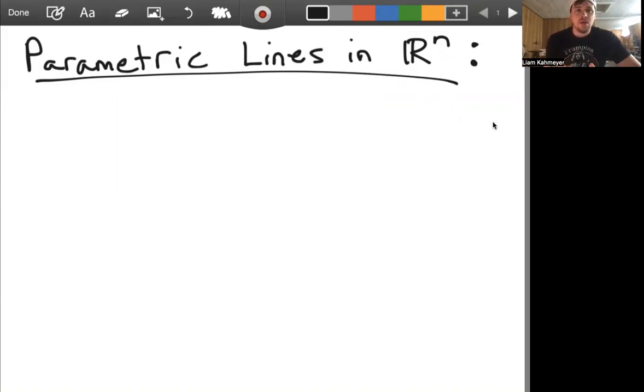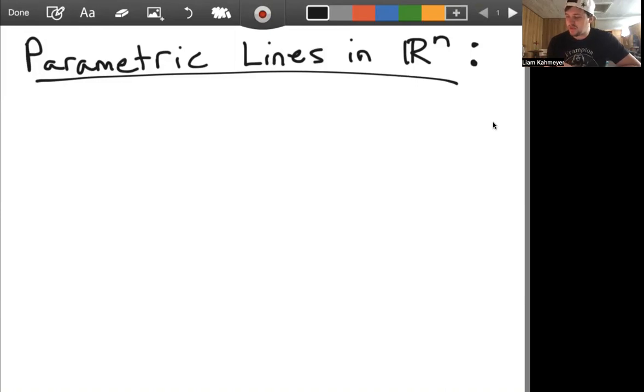Let's zoom out and look at the big picture. A lot of the methods and the progression of mathematics have started with something simple, and then, okay, we know something simple. What can we do to understand something less simple or less trivial?